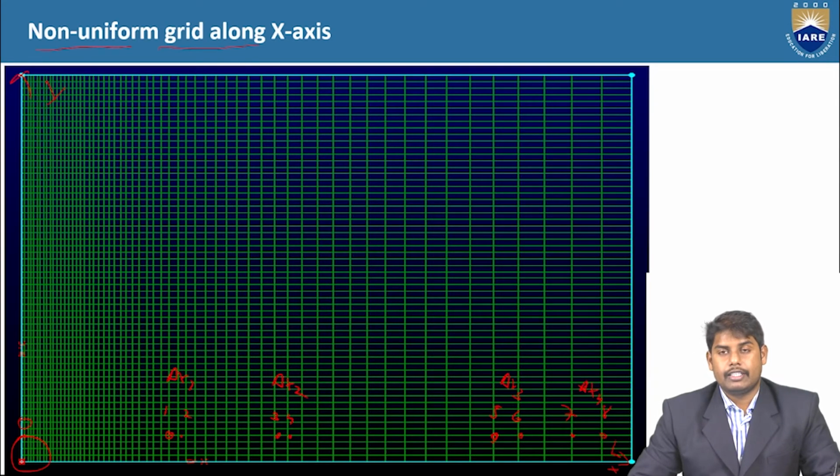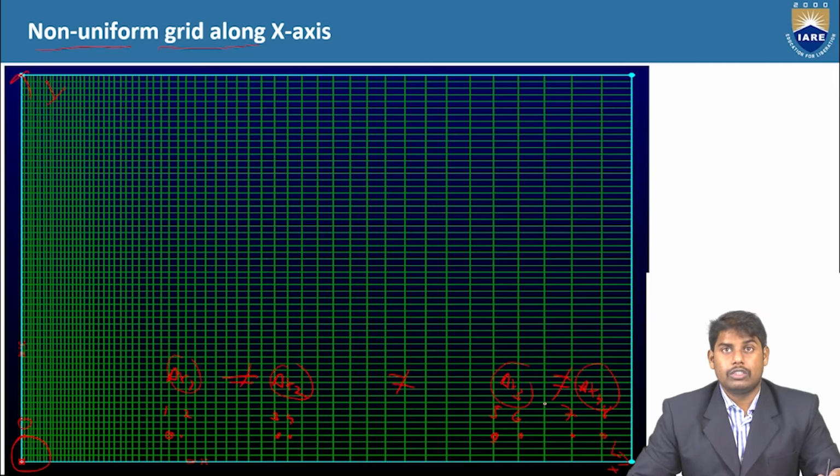Delta x1 is the grid spacing between 1 and 2, between 3 and 4 is delta x2, between 5 and 6 is delta x3, and between 7 and 8 you have delta x4. So the distances between these grid points, delta x1, delta x2, delta x3, and delta x4, are not at all the same. These are not equal.